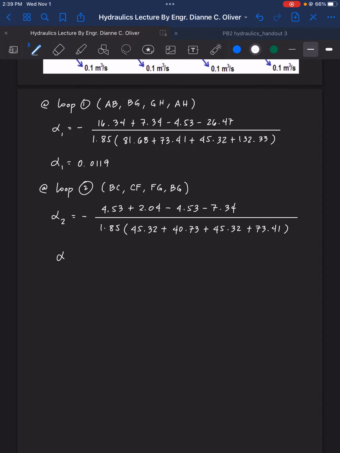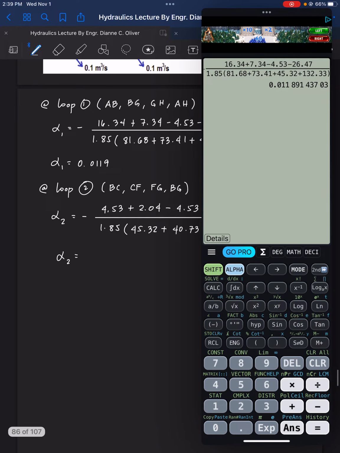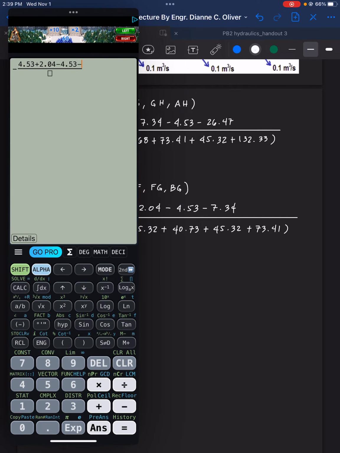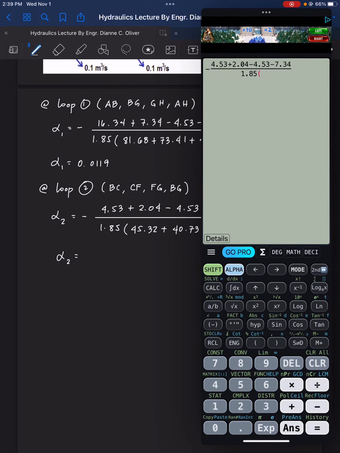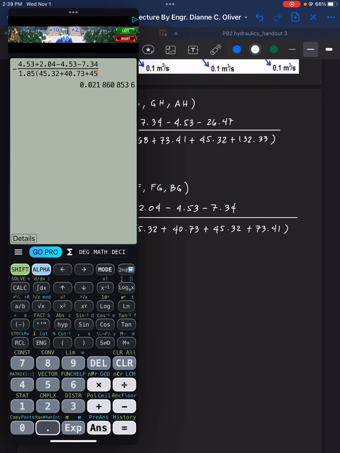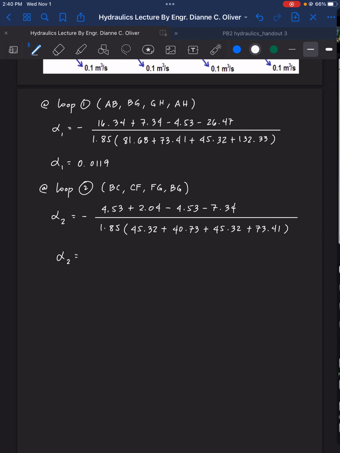So alpha 2 is equal to 4.53 plus 2.04 minus 4.53 minus 7.34, all over 1.85 times 45.32 plus 40.73 plus 45.32 plus 73.41. The correction here is 0.014.